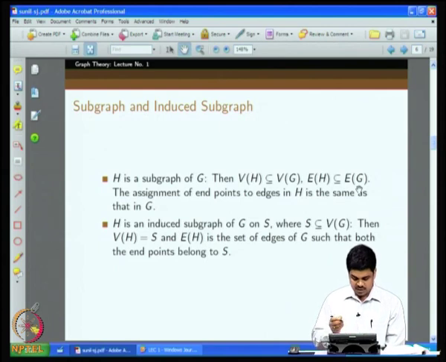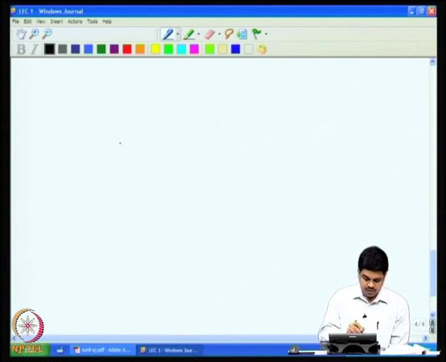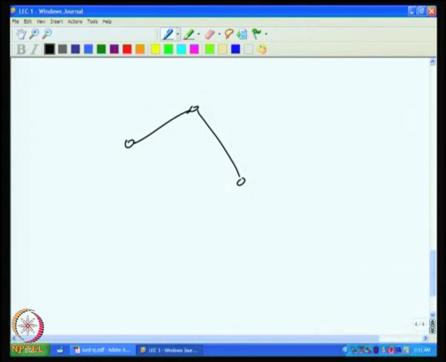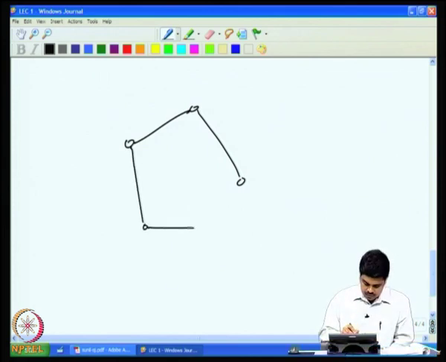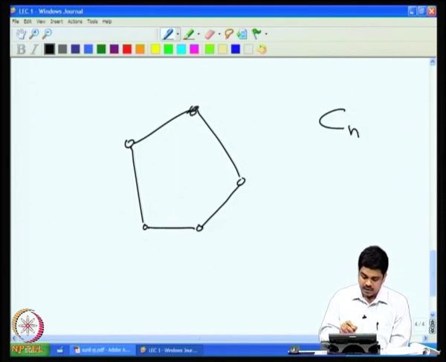For instance, rather than explaining like this, it is better to draw a graph and show. So, for instance, let us consider this simple example. This is called a cycle graph, the cycle on n vertices, Cn.